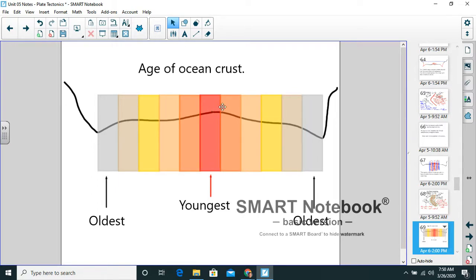And if you go a little bit to either side, the crust is older. And a little bit to either side of that, older, older, older. And the oldest crust is the furthest from the ridge. In fact, in many cases, the oldest crust is kind of up along the edges of continents.